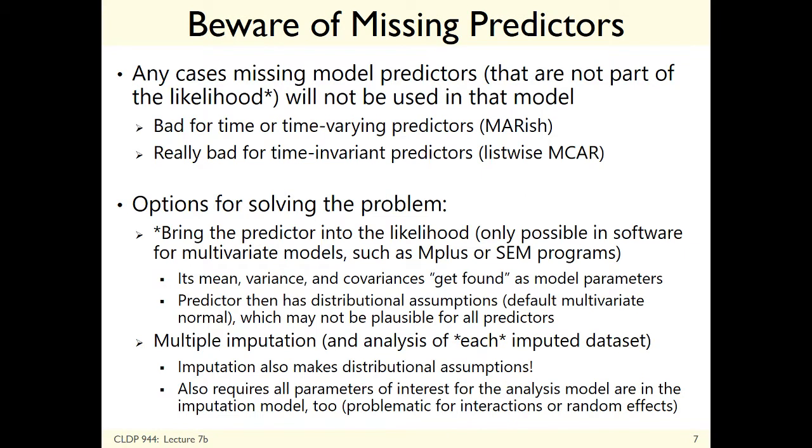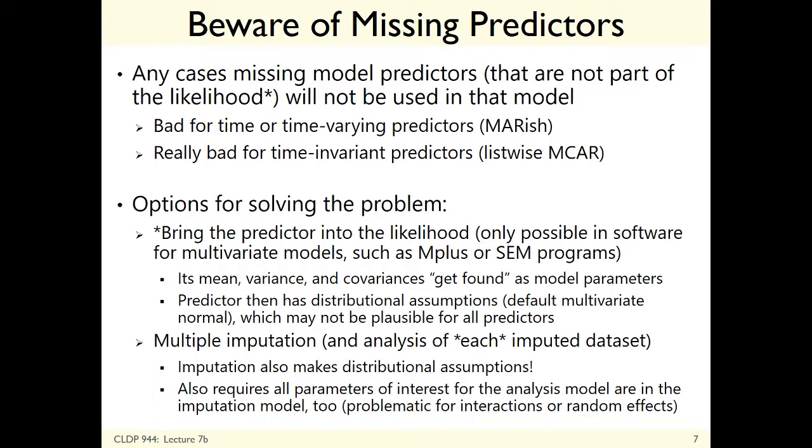So this is a question that I posed to Craig Enders once in terms of what you're actually assuming about missing predictors. And he said that unquestionably, whenever you have missing person level predictors, time invariant predictors, omitting them is assuming that they're missing completely at random, because the person is gone from the analysis, and so there's no way to know what you're missing because they're gone.